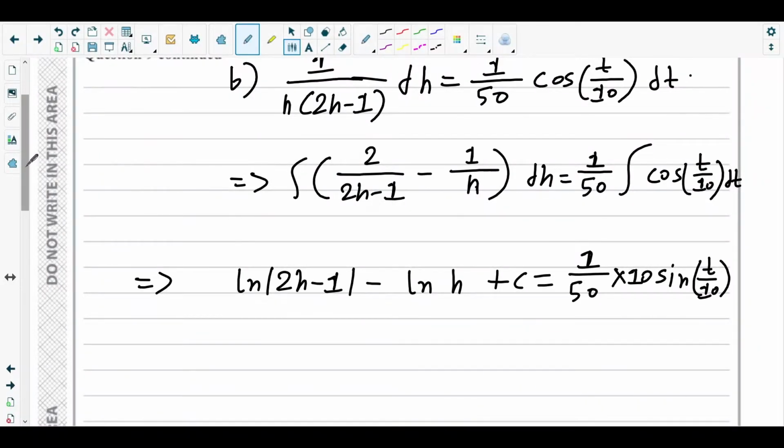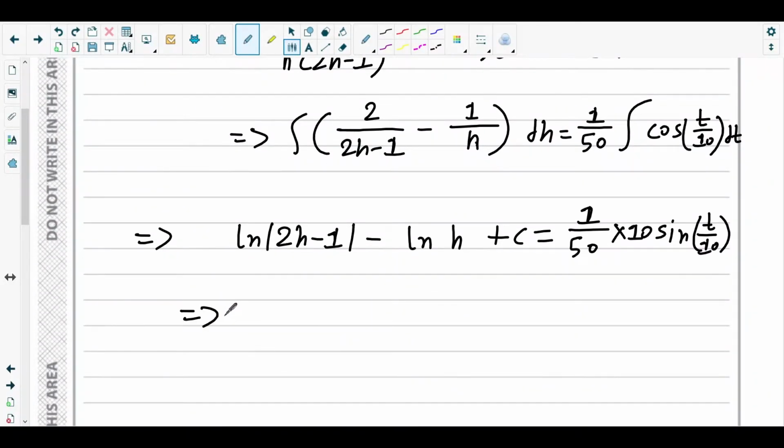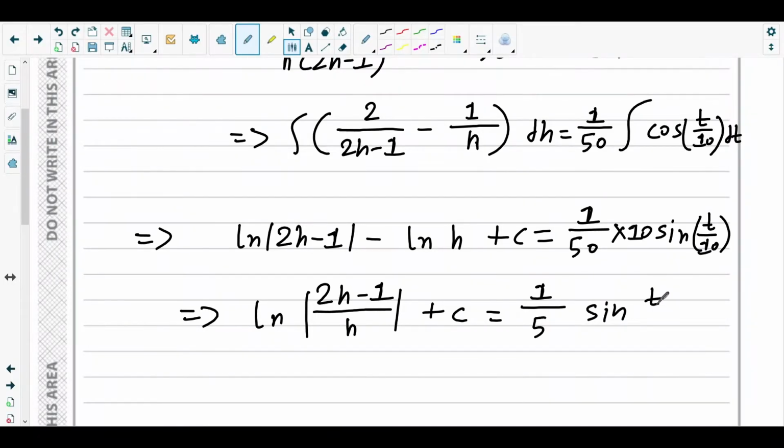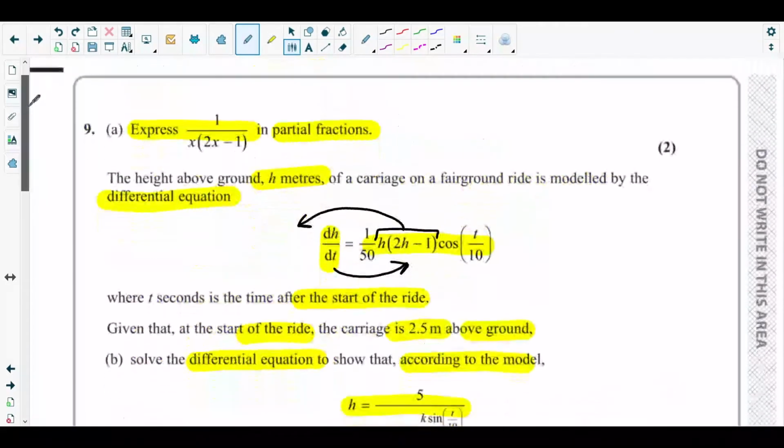So what we can write? ln |2h minus 1| over h, take the log common, plus c equals to 1 over 5 sine t over 10. Okay, now let's see what format the question has asked to show.